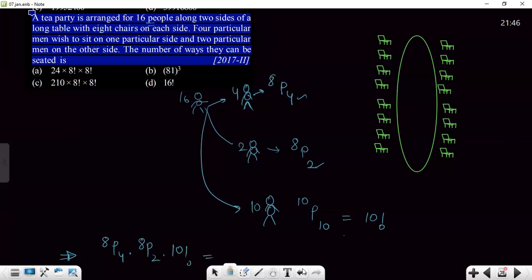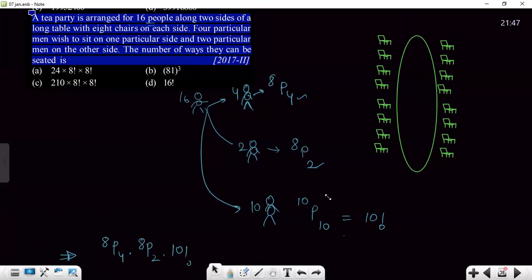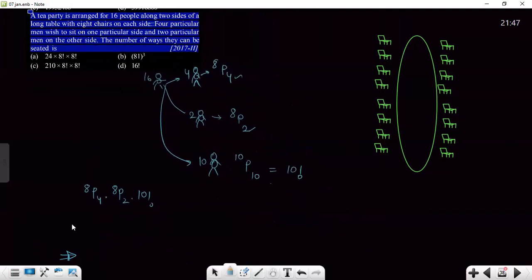Okay, let's solve this on the next page for better clarity, or we can also do it here. 8P4 is 8 factorial upon 8 minus 4 factorial, which is 4 factorial. 8P2 is 8 factorial upon 6 factorial, into 10 factorial. 10 factorial expands as 10 into 9 into 8 into 7 into 6 factorial. We are not going to touch 8 factorials here because they are there in the option.